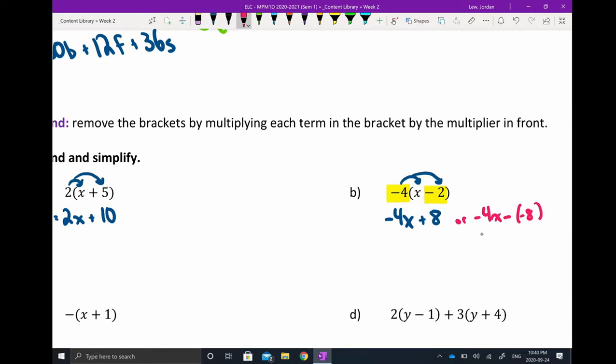So then we get negative 4x plus 8. So either way, it's still the same answer. I would suggest just take the sign, whatever the sign is, in front of the number or term, and use that when you're multiplying or in any operation. So if that negative is taken up, then you're just going to either add or subtract whatever the calculation works out to.